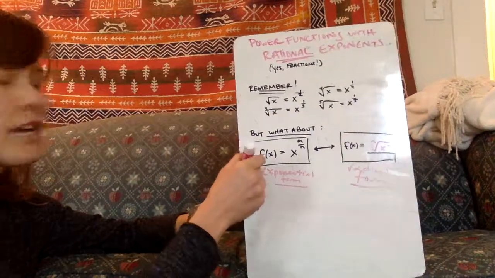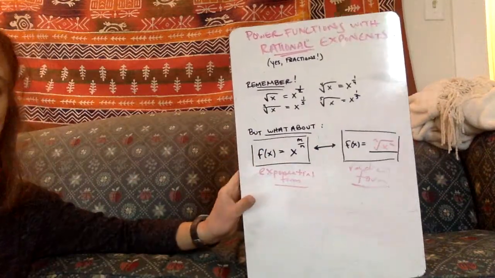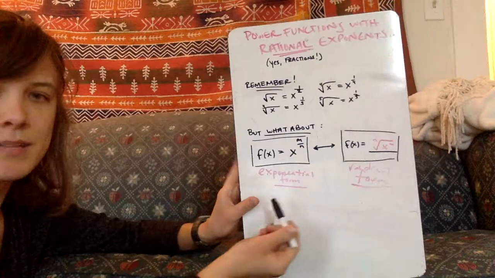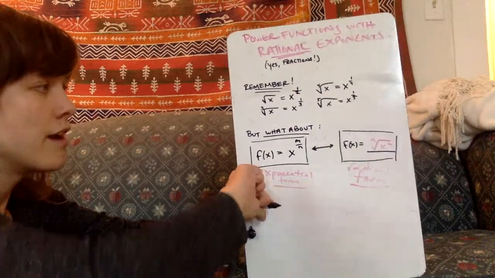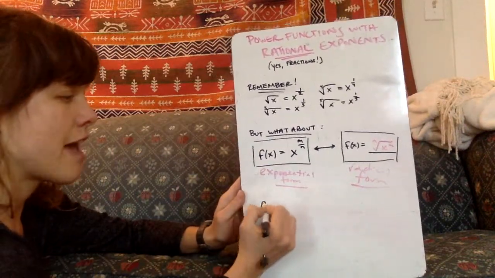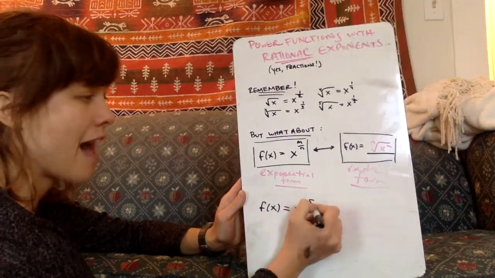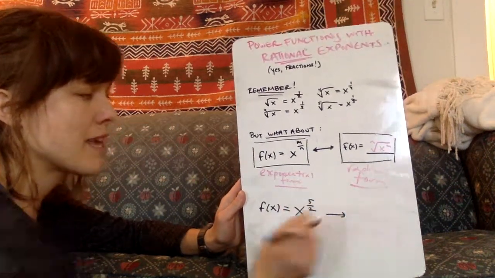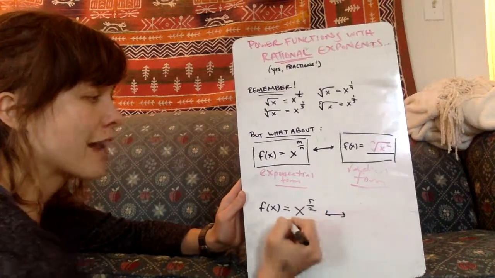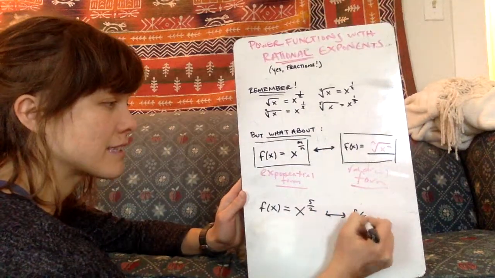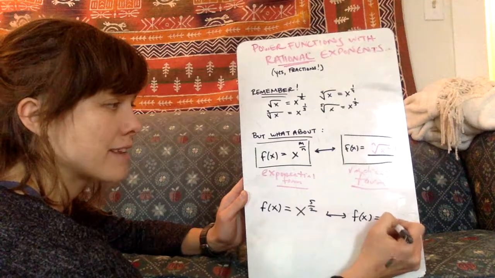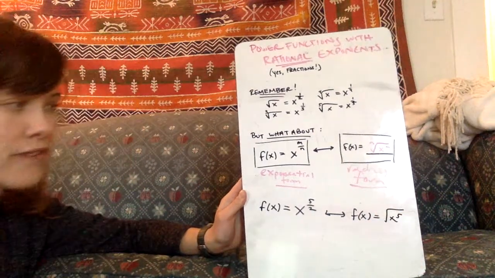So I just want to do a couple examples of what I'm talking about when I'm going from exponential to radical form. For instance, if I have f of x equals x to the 5/2, my radical form will be f of x equals the square root of x to the 5th.